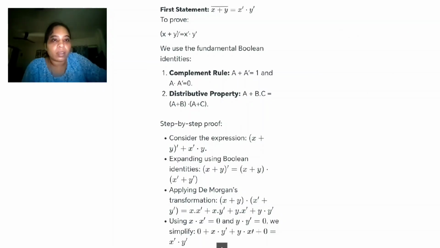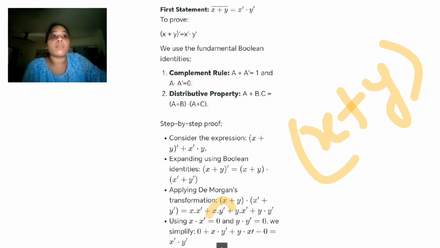Here you can see, x plus y. My expression is right, now I got that answer. My expression, the Boolean De Morgan's theorem, is true. The condition is true. So x plus y equal to, I got that same answer, x dash dot.